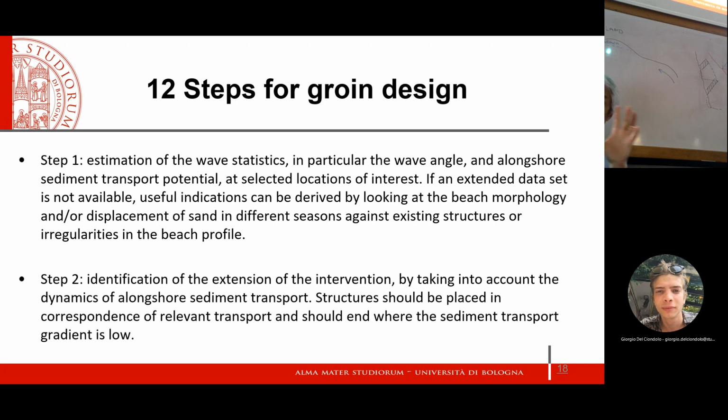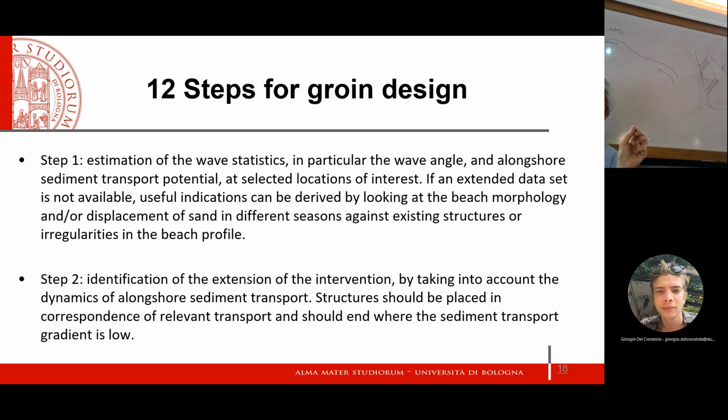The first one is trivial, estimation of wave statistics, and we are particularly interested in the mechanics of waves that is originating the along-shore sediment transport potential at the selected locations. And if you don't have an extended set of data, as I said, you may refer by looking at similar places, similar contexts.